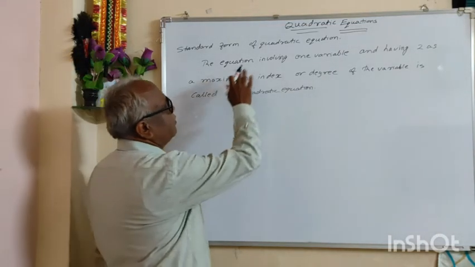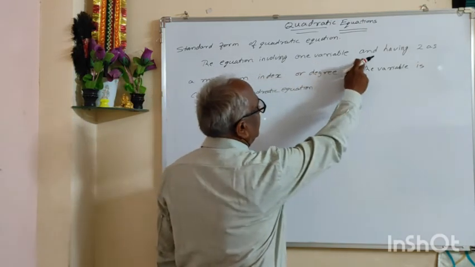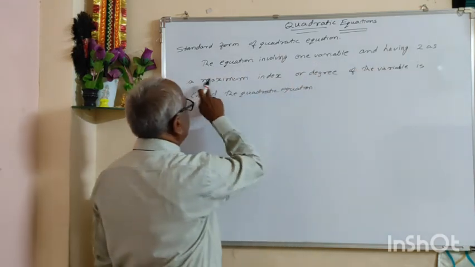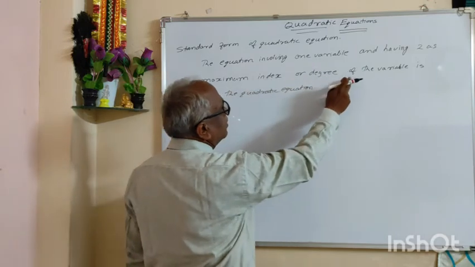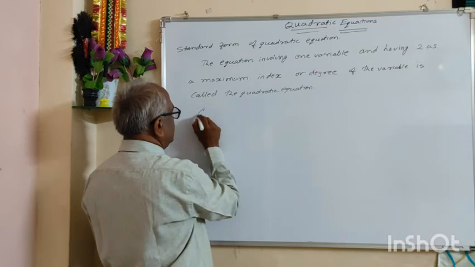Now the standard form of the quadratic equation. An equation involving one variable and having 2 as the maximum index or degree of the variable is called a quadratic equation. That is the general form.